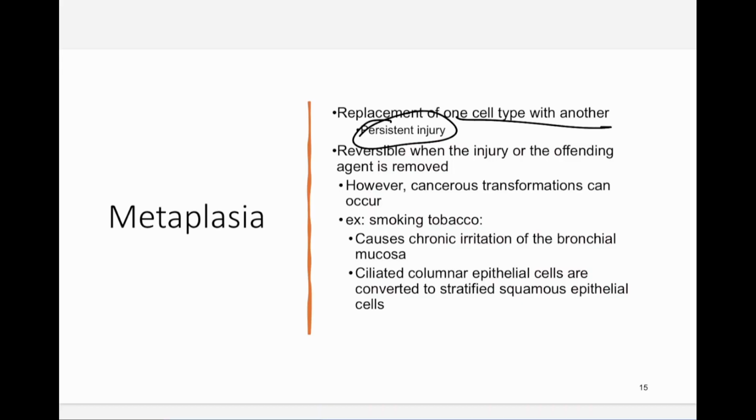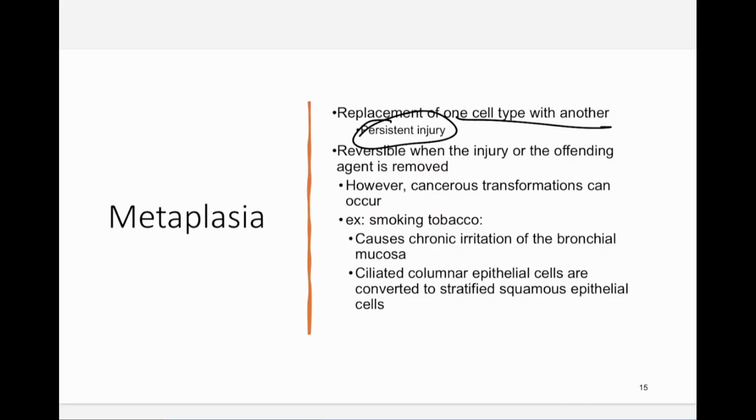Repeated chronic injury to the bronchus from inhalation of smoking tobacco, so it irritates the bronchial mucosa, and you get a change in the cell type. Another way, acid reflux in the esophagus will change the cell type in the esophagus to another cell type, which is resistant to the acid.